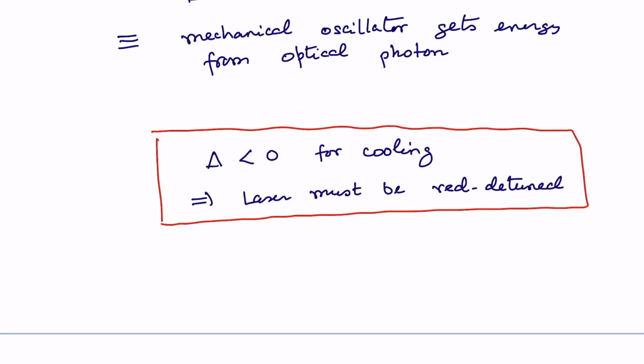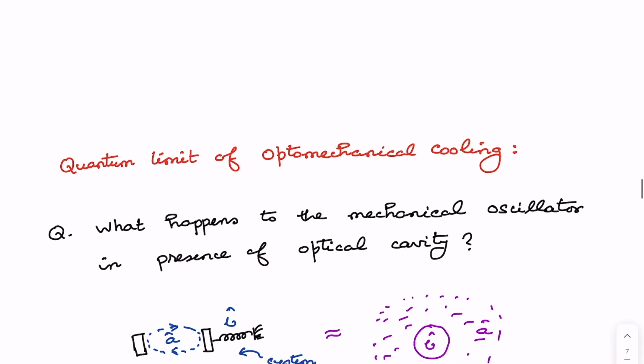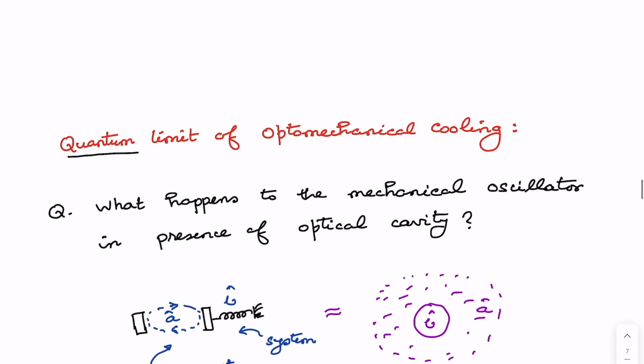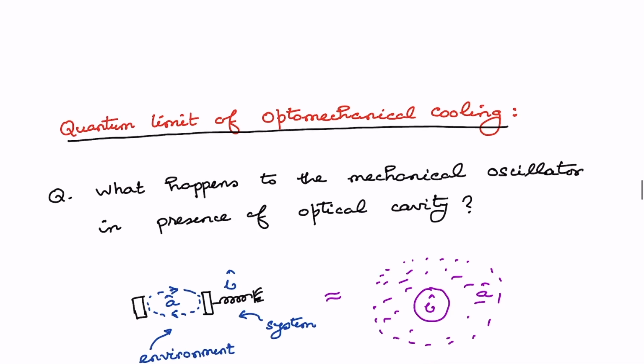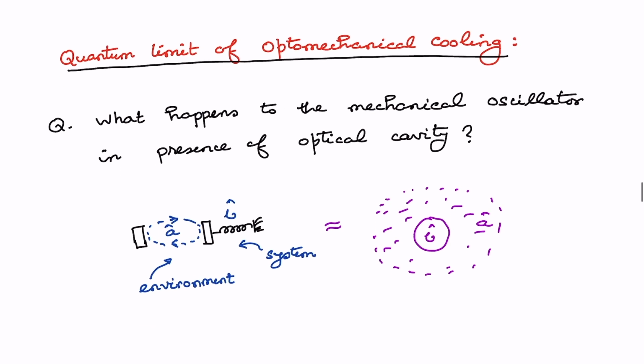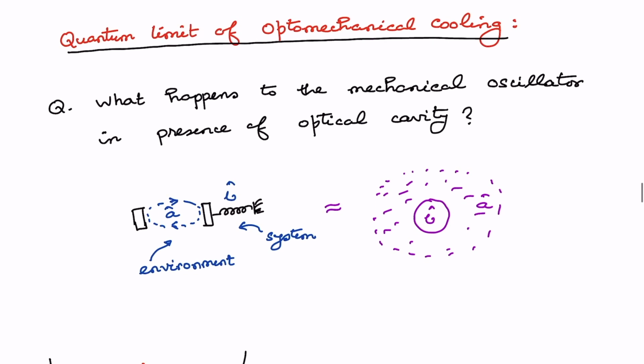To get a more quantitative picture and to understand the quantum limit of optomechanical cooling, let us now discuss what happens to the mechanical oscillator in the presence of the optical cavity. We are going to consider the mechanical oscillator as our system and the optical radiation or the optical cavity as the environment.